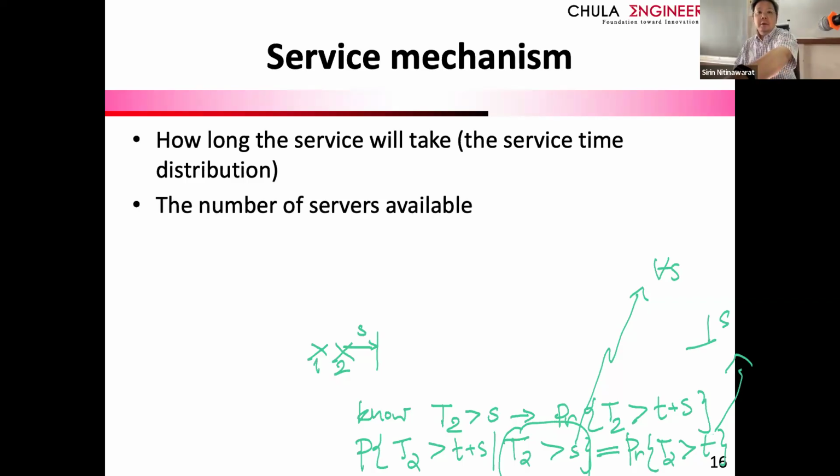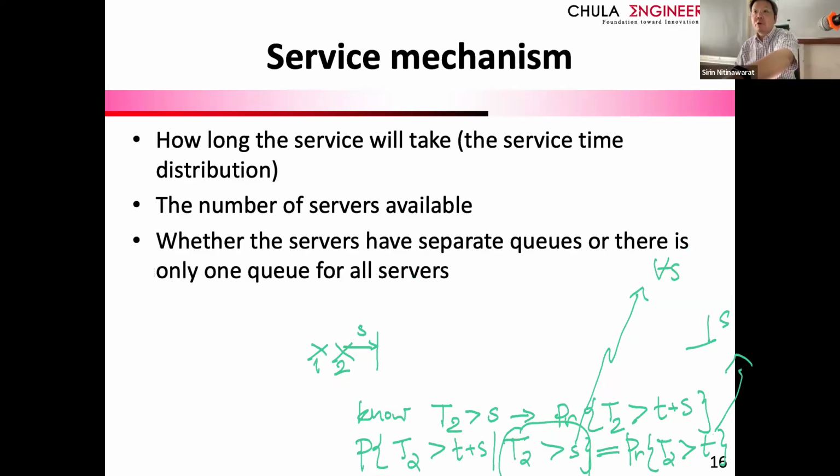Okay, but there are other elements that could determine the nature of the service mechanism, because in more complicated queuing systems, as we have described, there could be more than one queue and there could be multiple servers, so the number of servers has to be taken into account.